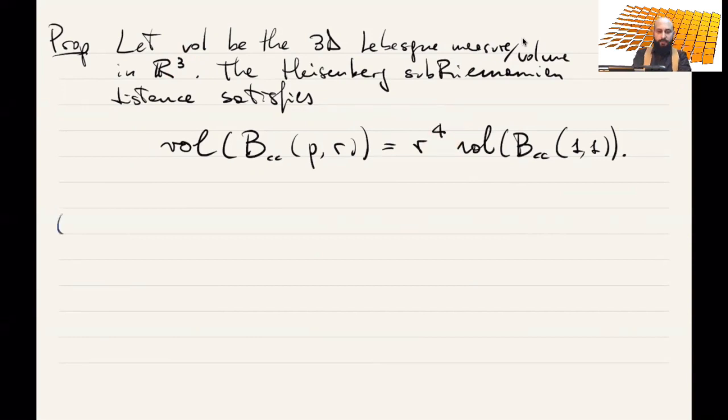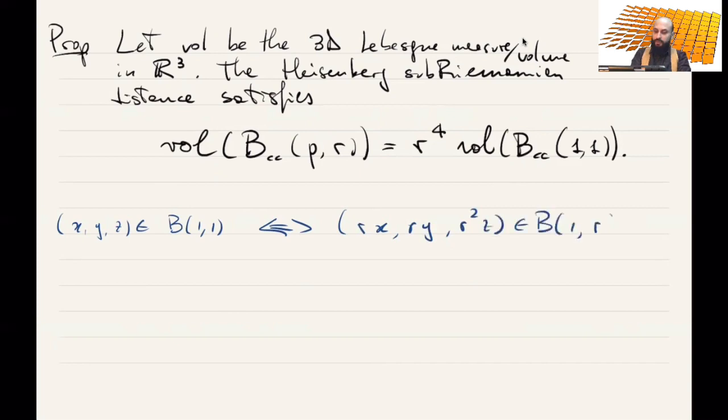We observe that if you have a point x, y, z in the unit ball, then if you dilate, Rx, Ry, R squared z, this is in the ball of radius R. Now this dilation map, as a matrix, is diagonal, and the determinant of this map, sorry, this is a square, so the determinant of this map is R to the 4.